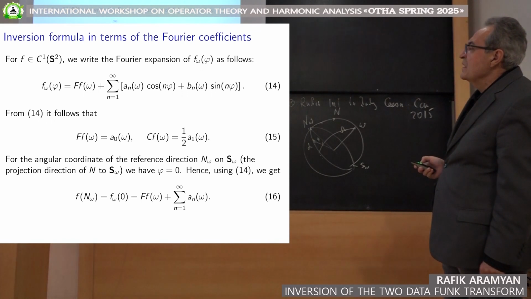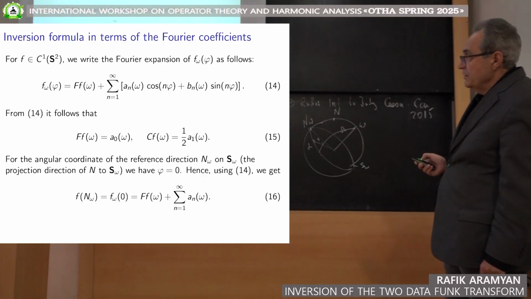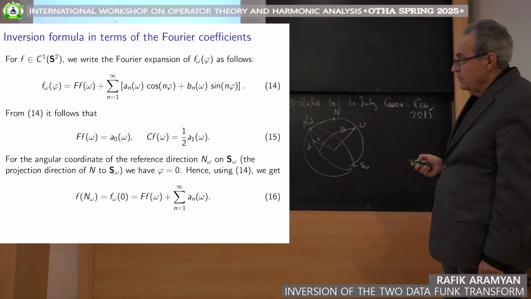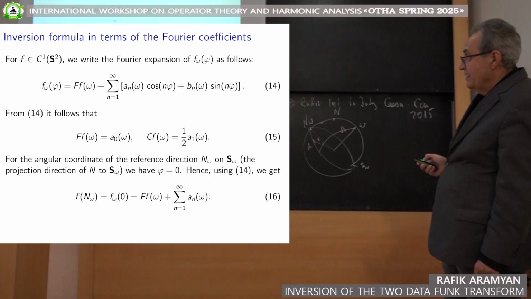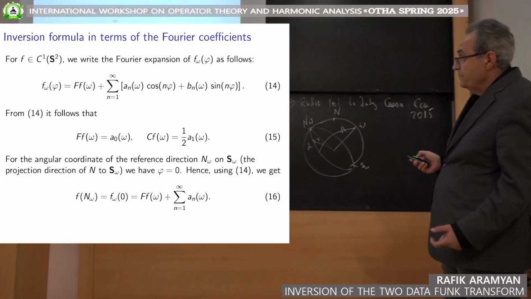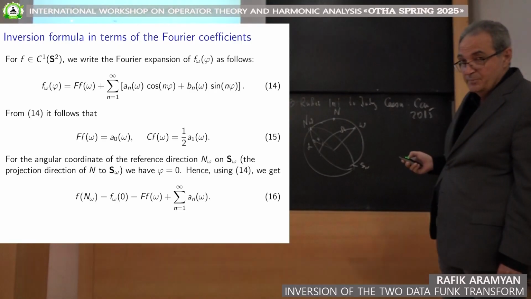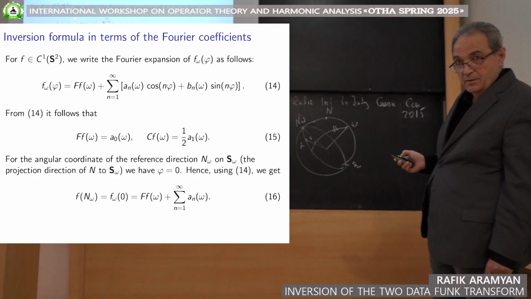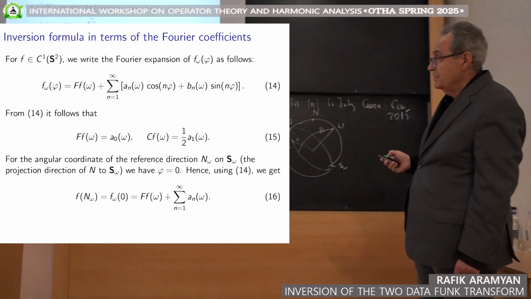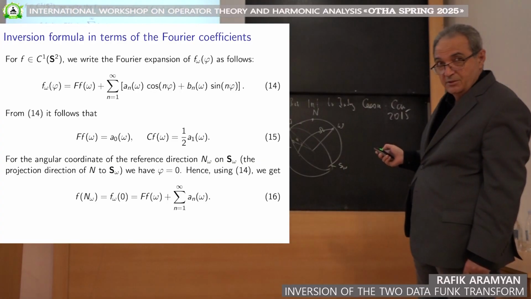Here, of course, the first element is the Fourier transform. It's very interesting that the weighted function transform is the first cosine coefficient of the Fourier expansion of the restriction on S omega.